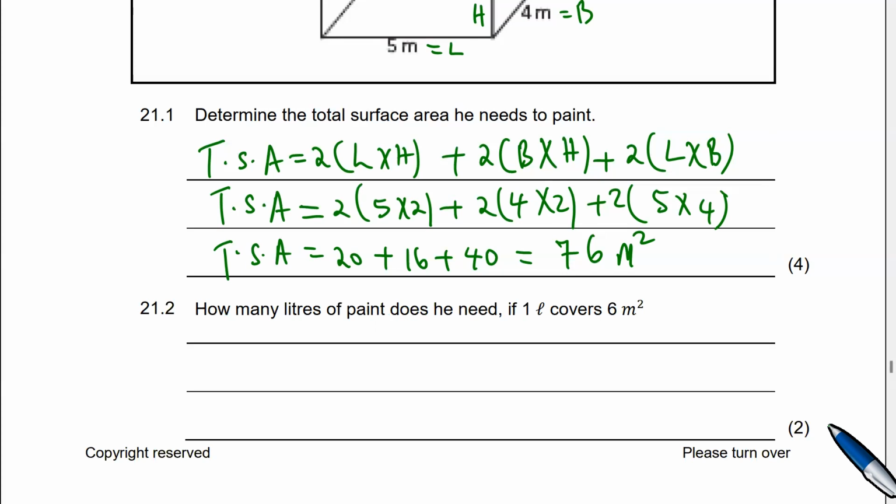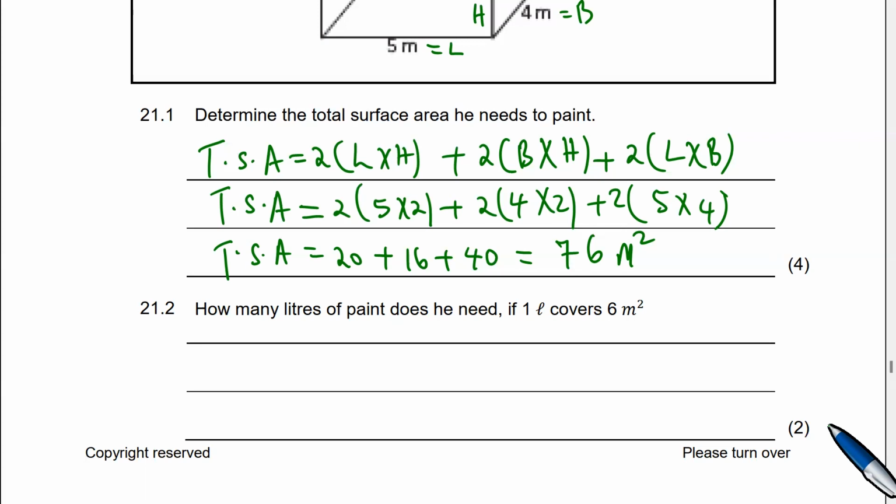So 60 of them over 10 liters, 66, 72. Is he going to need 12 liters?